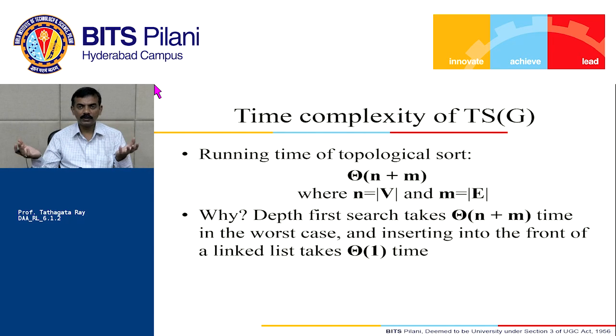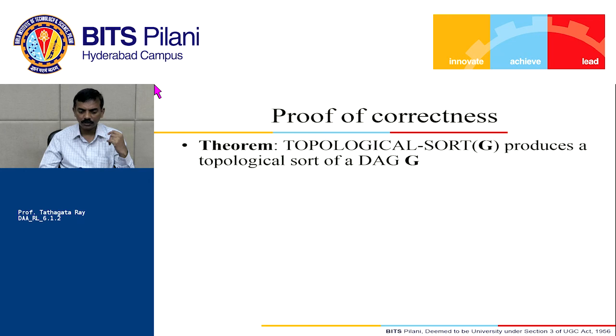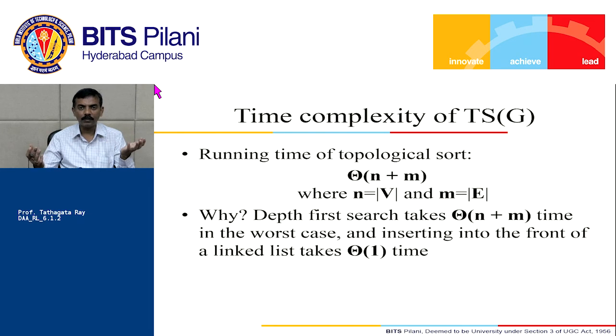We know the depth first search time is theta of n plus m in the worst case, and inserting into the front of a linked list, every time a vertex gets finished you put it in the front of a linked list, which takes constant time. So total time becomes theta of n plus m. So the depth first search takes theta of n plus m, which leads to the running time of topological sort as theta of n plus m.